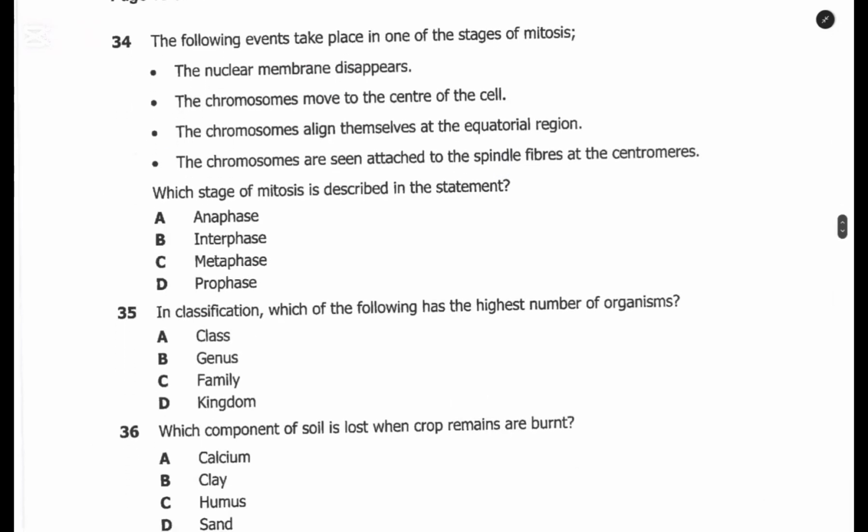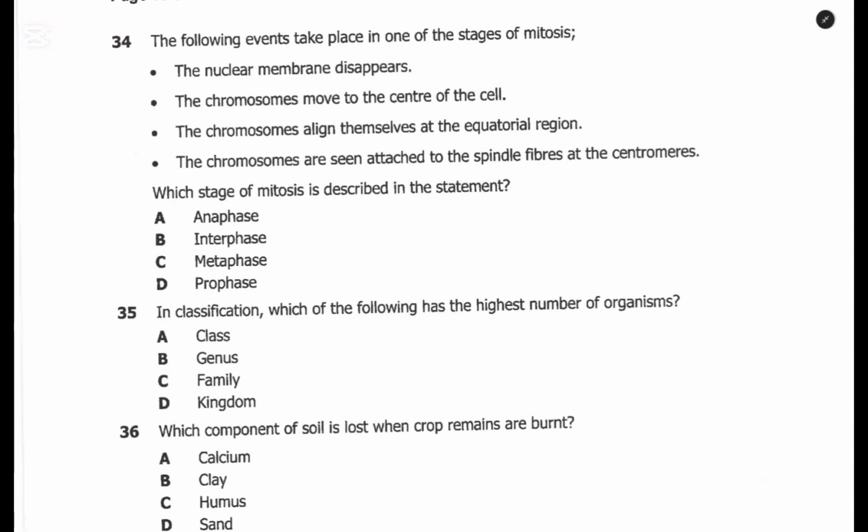Question 34. The following events take place in one of the stages of mitosis. The nuclear membrane disappears. The chromosomes move to the center. The chromosomes align themselves at the equatorial region. The chromosomes are seen attached to the spindle fibers at the centromeres.